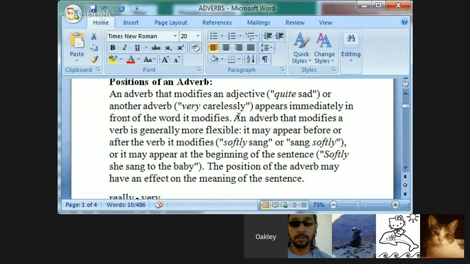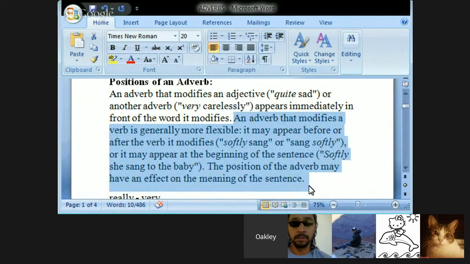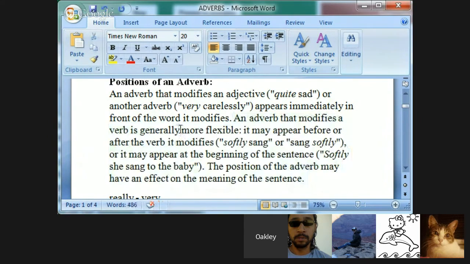Okay. Now we're going to look at this information. An adverb that modifies a verb is generally more flexible. And by the way, please note the use of the adverb generally. Generally more flexible. Sometimes the adverb placement is completely inflexible and it can only go in one position.